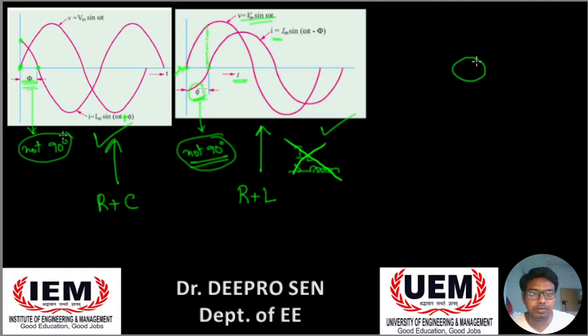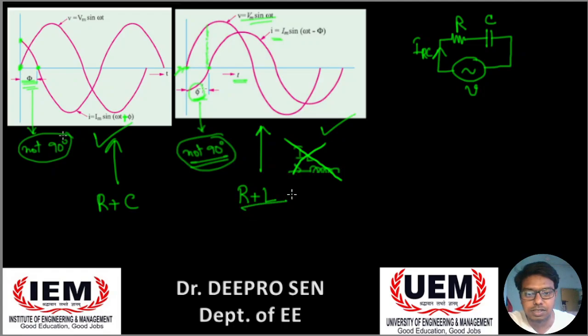If you look at the circuit, it will be something like this. If this is your voltage source, this will be R, this will be C, and this current, I_RC, will follow a direction like this. The difference, that is phi, between the voltage and the current will not be 90 degrees. How it will happen, I will explain with the help of a phasor diagram.